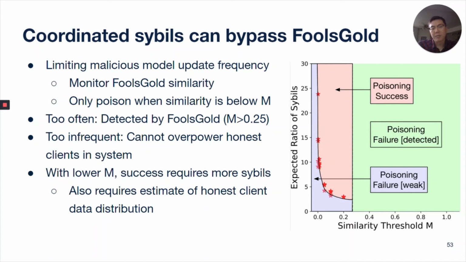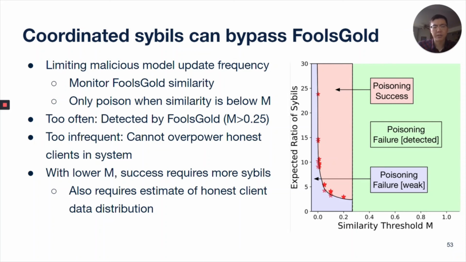If the attack is performed too infrequently, it does not get detected by FoolsGold, but it is too weak to overpower the honest clients in the system, and the attack also does not succeed. That is the left blue area in this figure. Interestingly, there is a trade-off here, as with a lower threshold M, another way an attacker can bypass this system is by creating more Sybils to achieve the same objective.